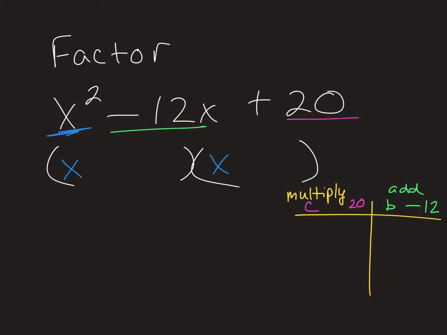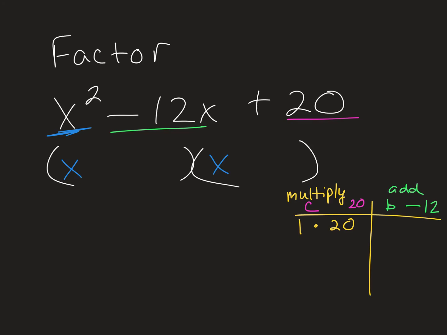So I've got to think of the numbers. Let's start with what will multiply to get 20. I'm just going to start with 1 times 20. But I'm going to have to think a little bit more strategically because I need these numbers to add up to a negative number.